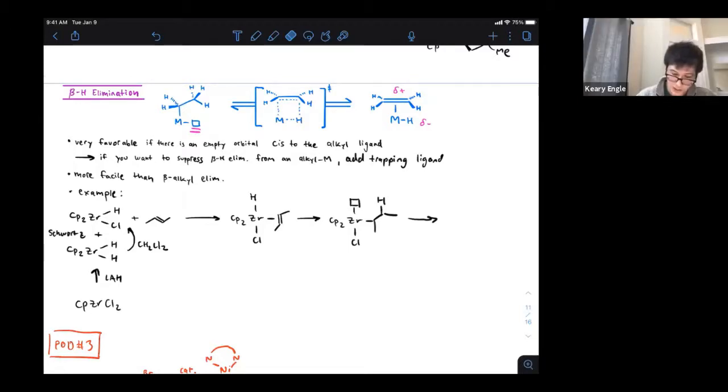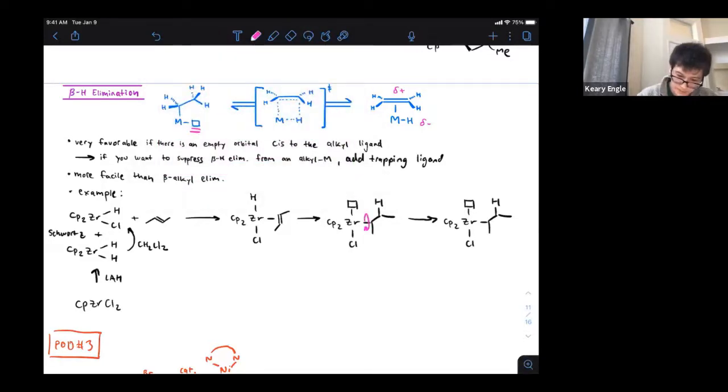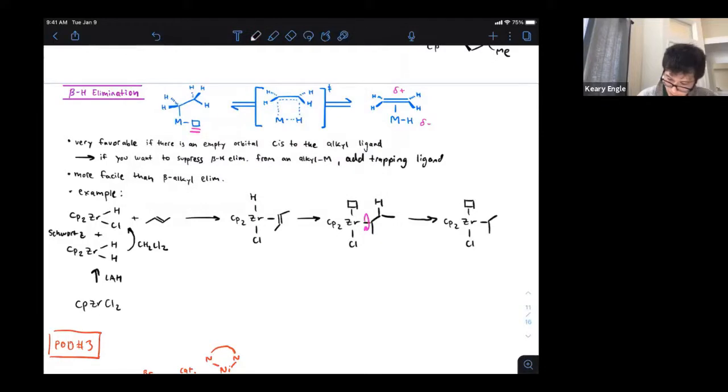So we're going to have a bond rotation here. Maybe I'll just draw that so it's totally clear in case anyone is confused. We have the bond rotation. I think this is a fairly common theme in beta hydride elimination processes, that you typically need some rotation.